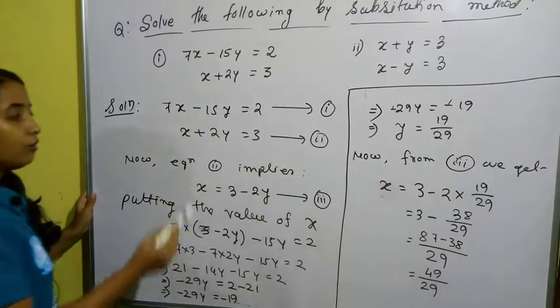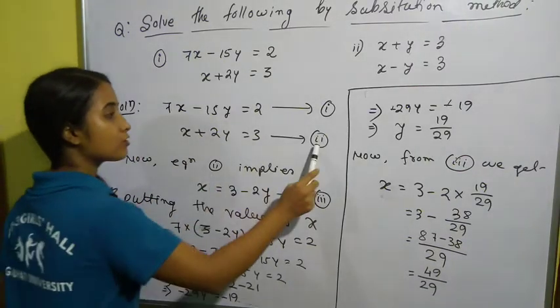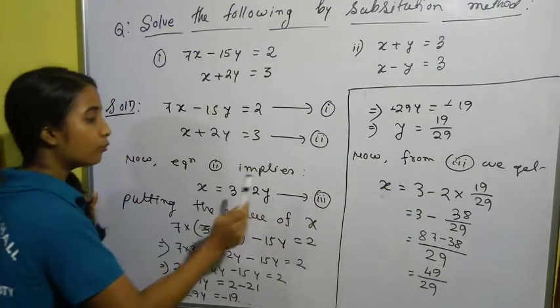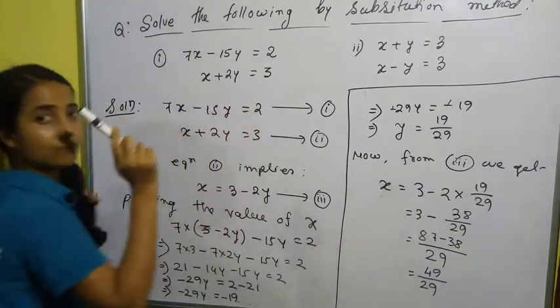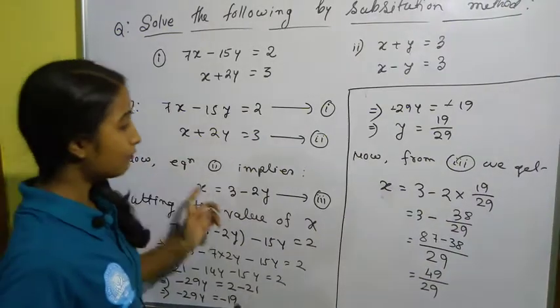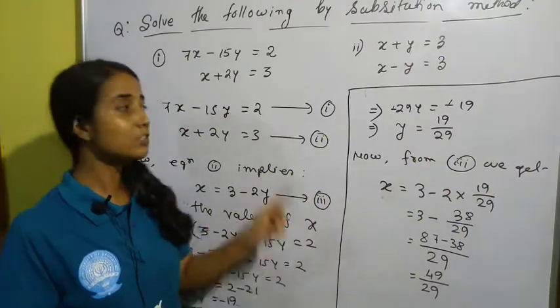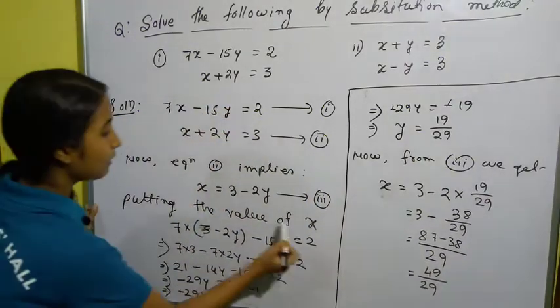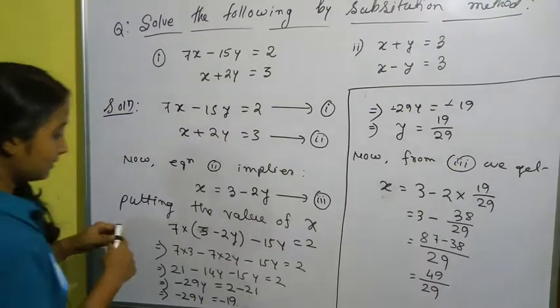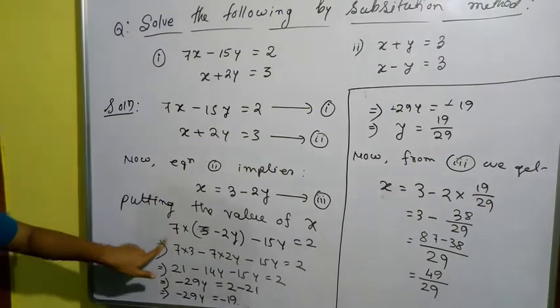Now as we are getting this value from the equation number 2, therefore we will put this value in the equation number 1. So putting the value of x in the equation number 1, we get this value.